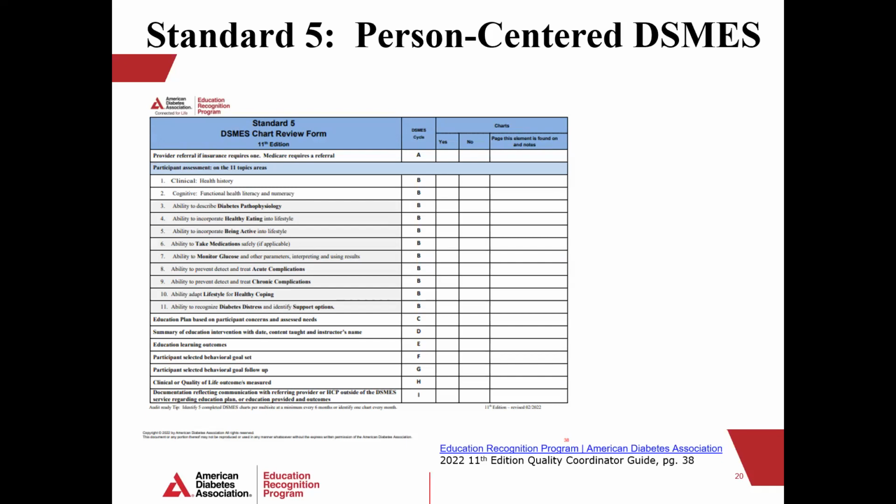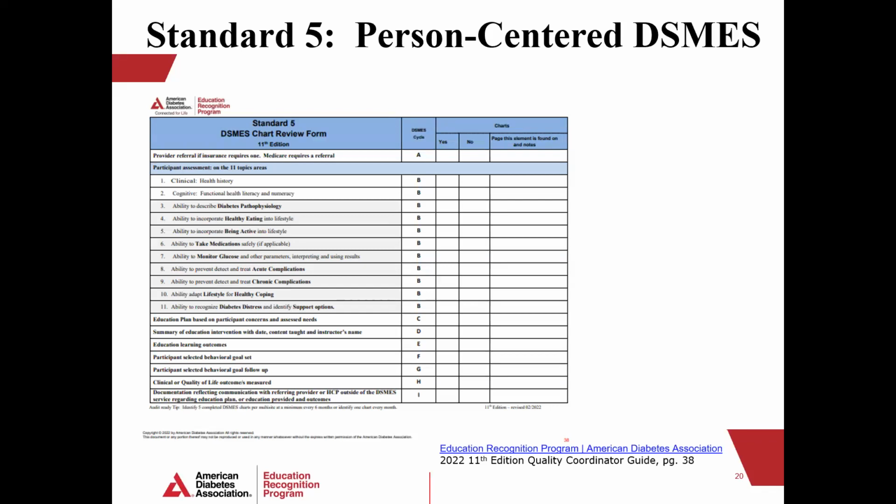C, the plan of care. D, the summary of the interventions, each documented. The learning outcomes is E, behavioral goals that are set, behavioral goal follow-up G, clinical or quality of life outcomes, and then documentation.